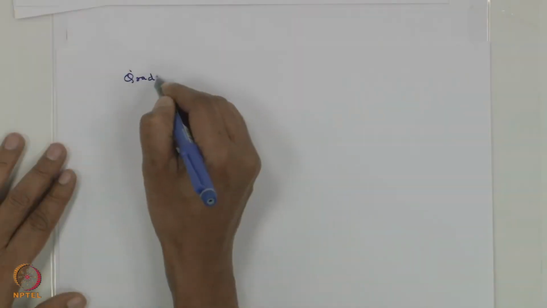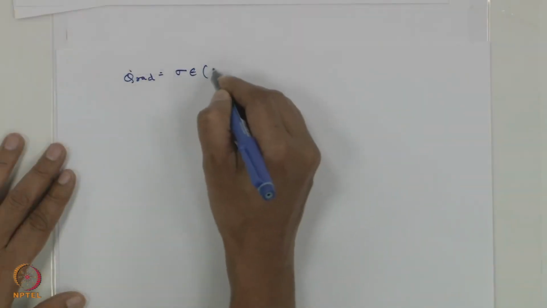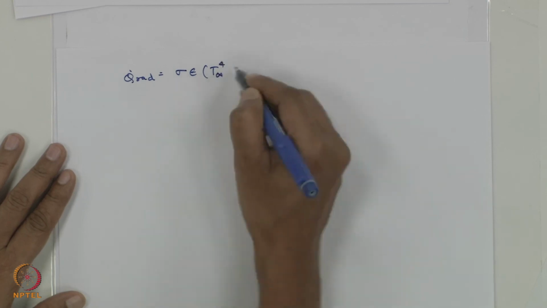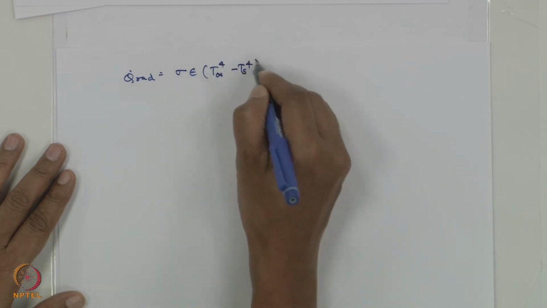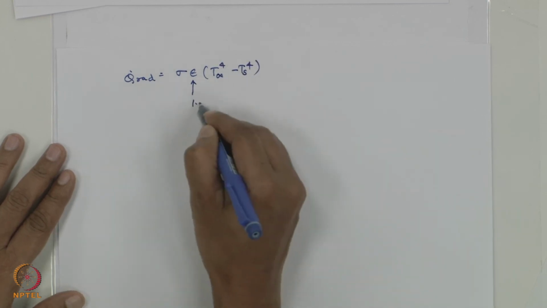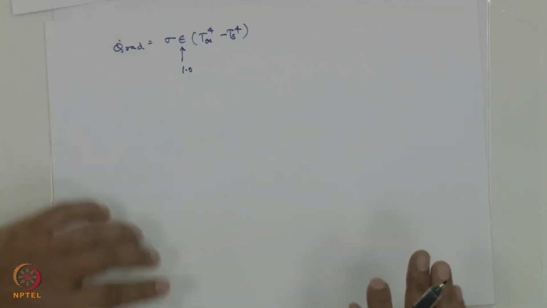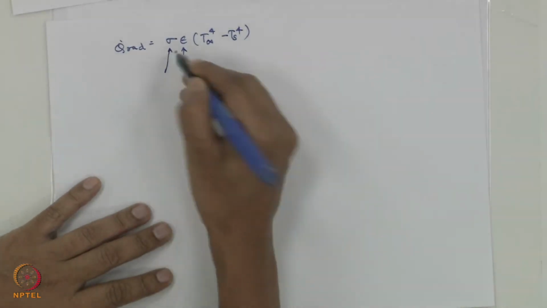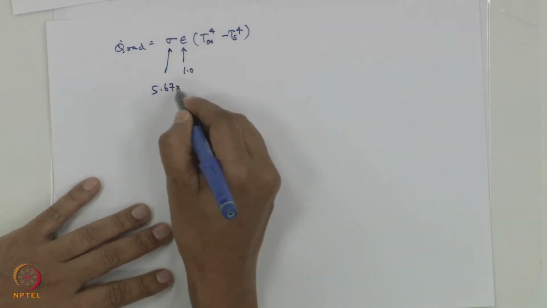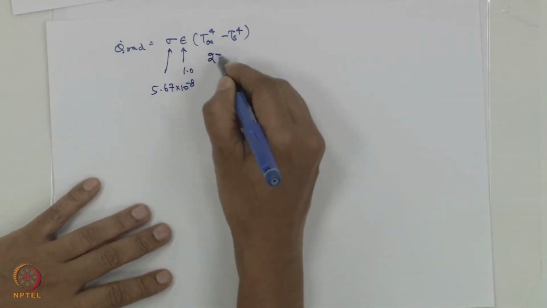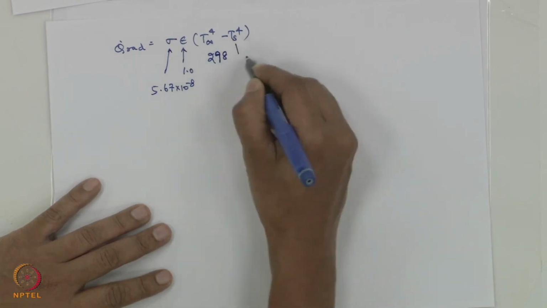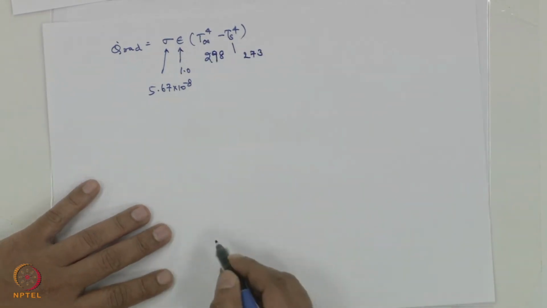So what is the radiation loss? Radiation loss q dot rad is equal to sigma epsilon (T infinity to the power of 4 minus Ts to the power of 4). Epsilon is 1. Ice has an emissivity of 1, so you don't have to bother about that. Sigma is 5.67 into 10 to the power of minus 8. T infinity is 298 and Ts is 273 because it is sitting at 0 degrees Celsius.